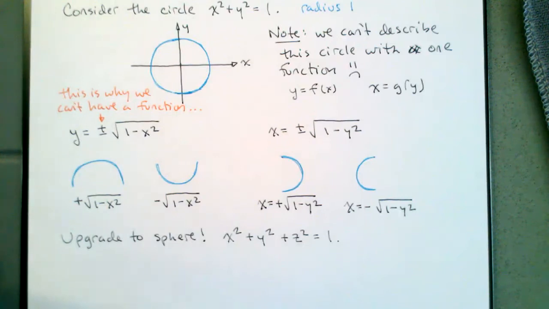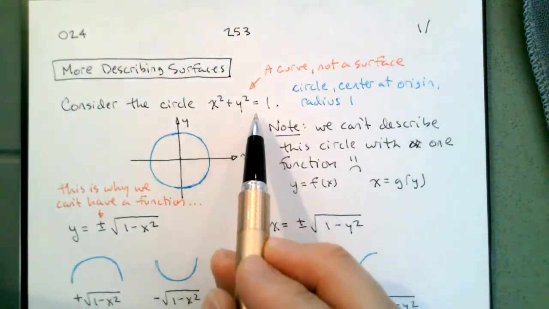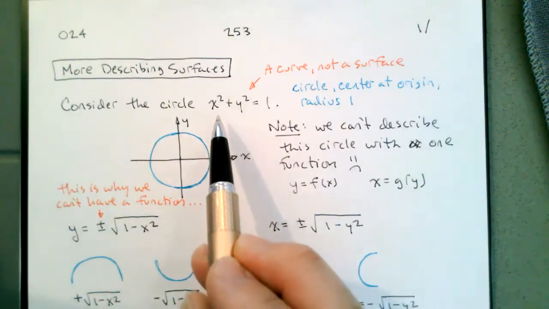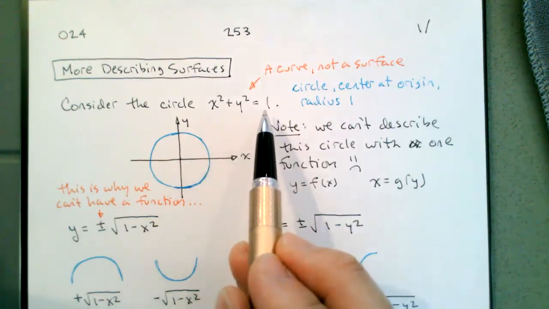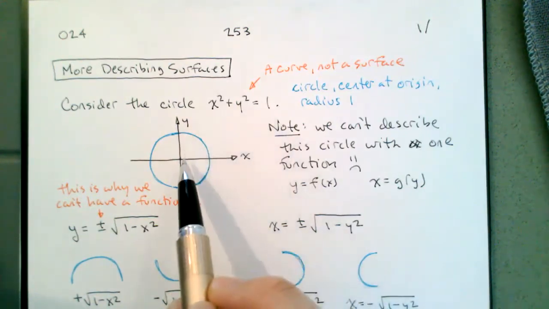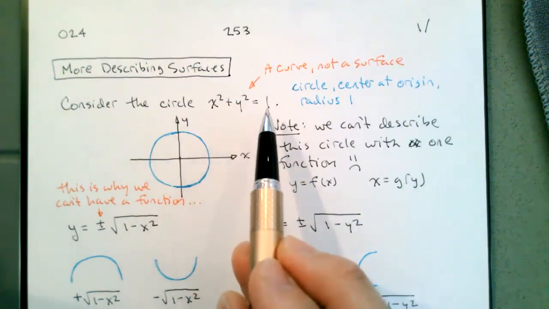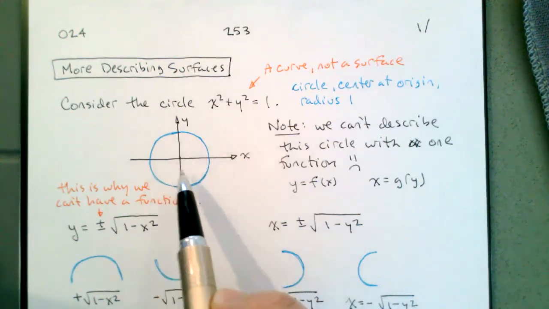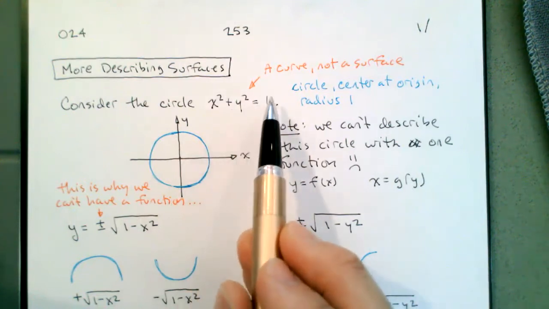That's the other thing I think I forgot to point out. When we write x squared plus y squared is equal to 1, we're just getting this circle, the outer ring, because this is the set of all the points that are 1 unit away from the origin. So we describe that with x squared plus y squared equals 1. If I wanted to fill this in, if I wanted a solid circle and to describe the area, then I would just say x squared plus y squared is less than or equal to 1.